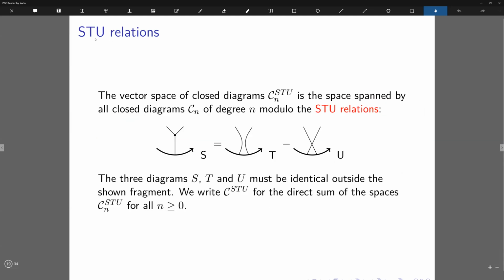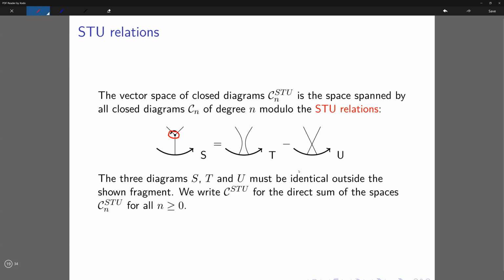And next is the STU relation. The STU relation is for a Jacobi diagram. We can resolve the vertex into two isolated half edges on the circle, T minus U. So this diagram S goes to T minus U. So this is a relation under the vector space spanned by all the Jacobi diagrams, and there is the vector space of all the closed diagrams mod the STU relation.